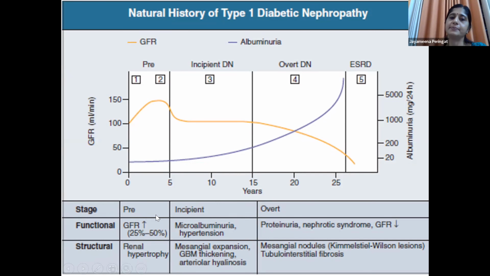In the incipient stage, you get microalbuminuria with hypertension, and structurally you can see mesangial expansion, GBM thickening, and arterial hyalinosis. In the overt stage, you have macroalbuminuria or even nephrotic syndrome with progressive decline in GFR, and structural changes like mesangial nodules and tubulointerstitial fibrosis. Beyond this stage, it is irreparable.